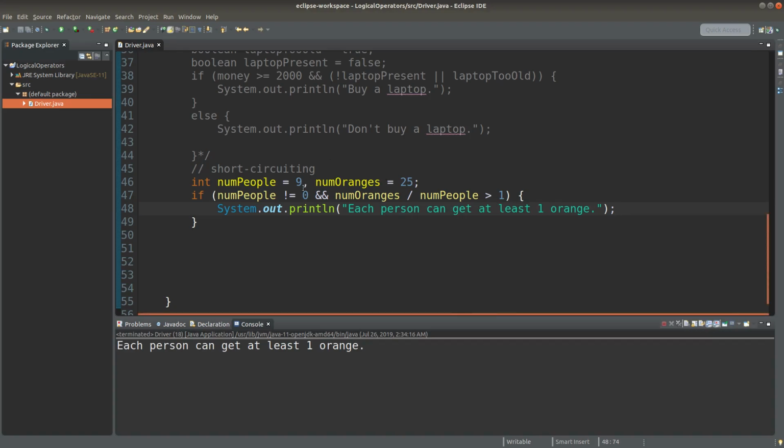Yes, the reason is that this part is satisfied, and at the same time, this part is also satisfied. 25 divided by 9, according to the integer division, we will get 2. 2 is larger than 1, so this part is true. The purpose of having this part is that we have to check whether the divisor here is 0.